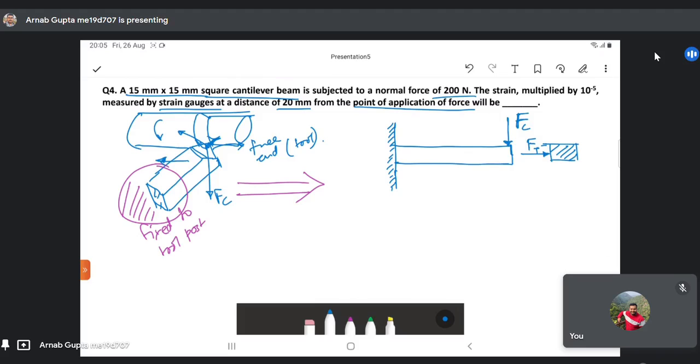In this case, you are told that it is only being acted upon by a normal force, so we can consider it as Fc alone. You have a strain gauge placed at 20 mm from the point of application of force. So this is F, and your strain gauge is somewhere here. As you apply the force, this will try to expand and this will try to contract.